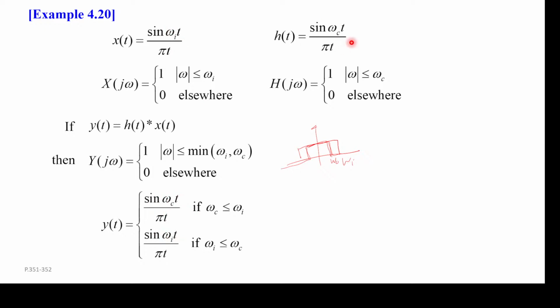So I avoid doing all the integration by going to the frequency domain, where multiplication has a very simple relation, and we come back to see that the convolution of two sinc functions is just another sinc function with the smaller frequency.